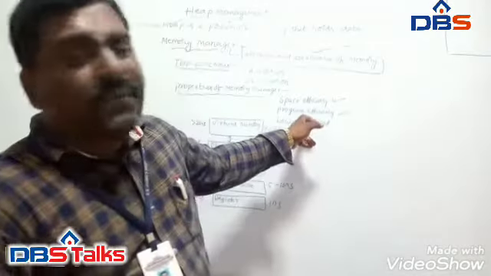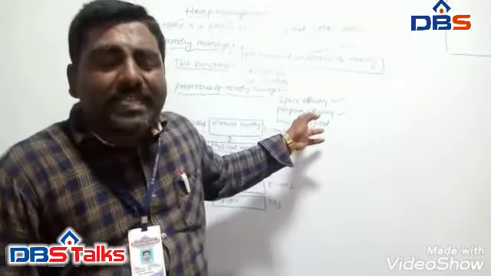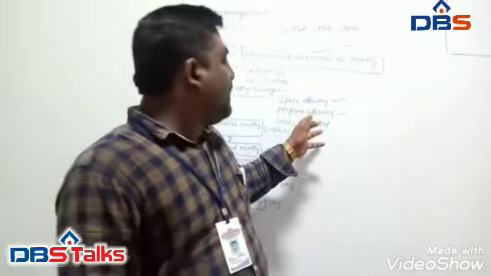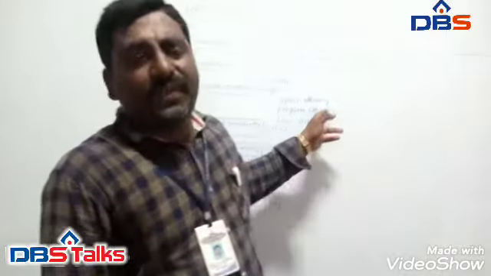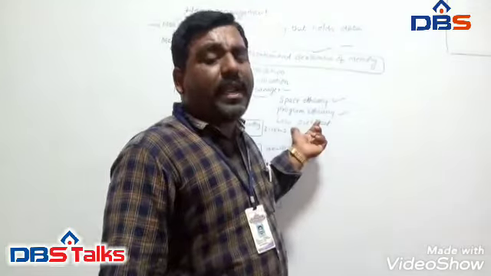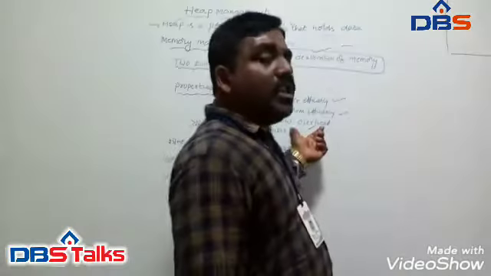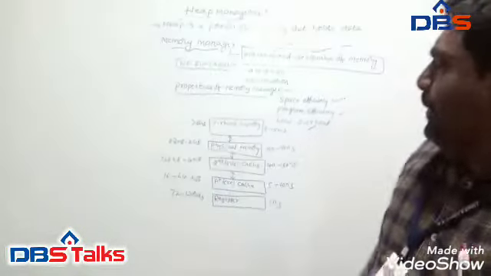Program efficiency means it should make better use of the space to run the program faster in order to increase the efficiency. Next one is low overhead. Low overhead means allocation and deallocation should be efficient.